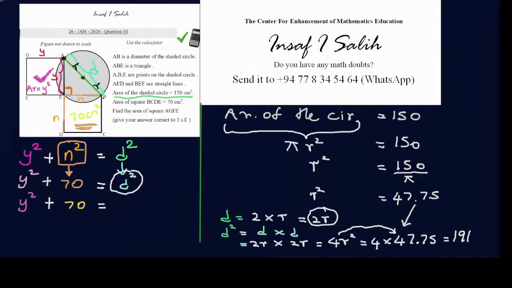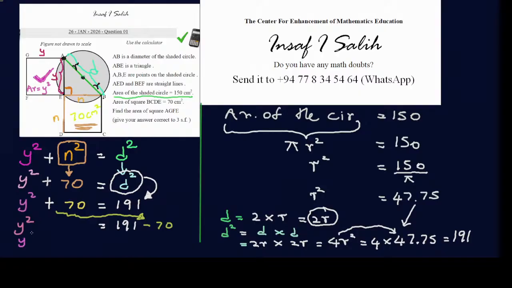We found d squared's value, not the exact value but a rounded value, that's 191. Now how do we find y squared? Y squared is equal to 191, and we ask the plus 70 to go to the other side, so it becomes subtraction of 70.